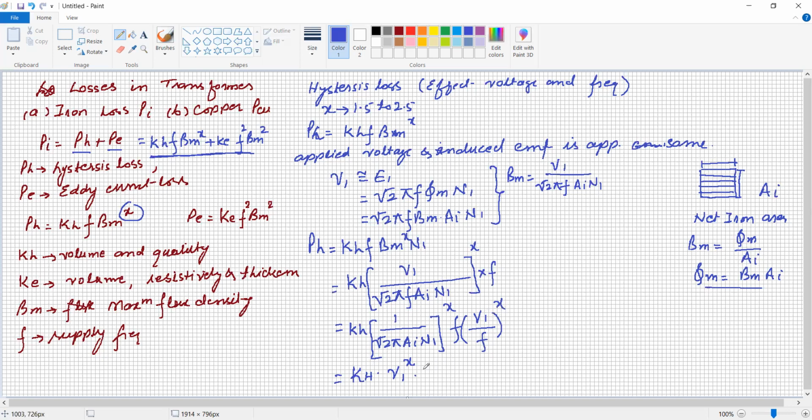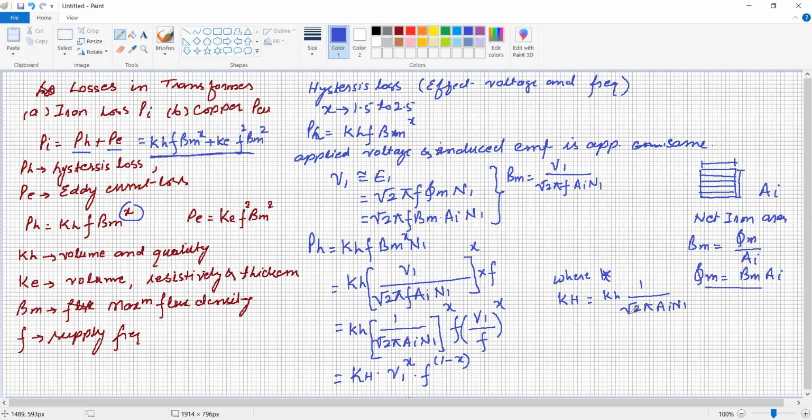So it is f raised to 1 minus x, where KH is equal to the KH proportionality constant divided by root 2 pi Ai into N1.